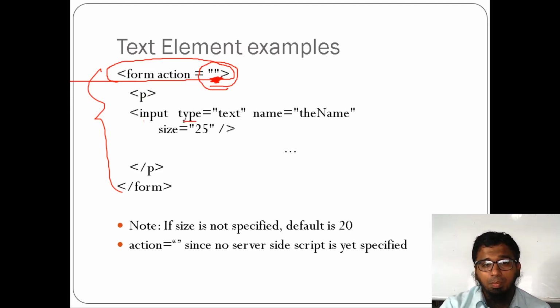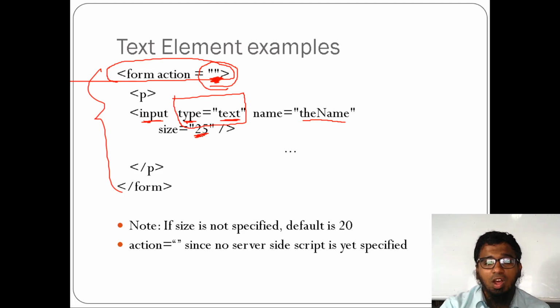Input type is equal to text. What is the type? Input type is text. Name is equal to name. We are giving some name to this input type. And what is the size?